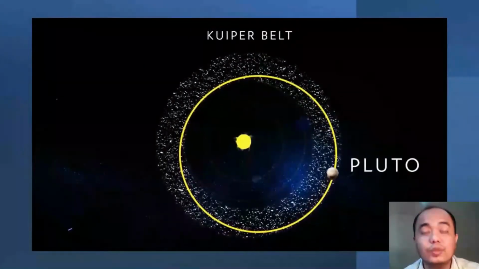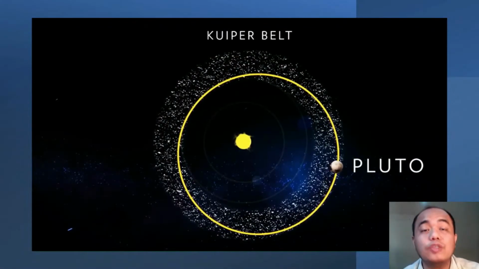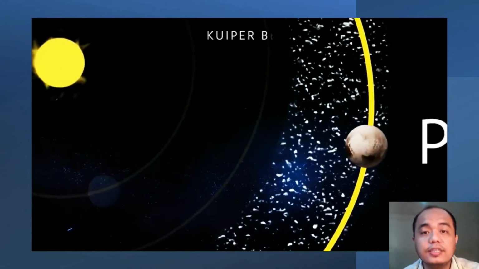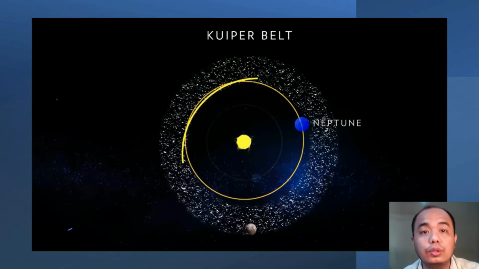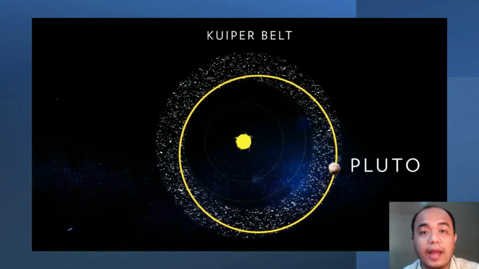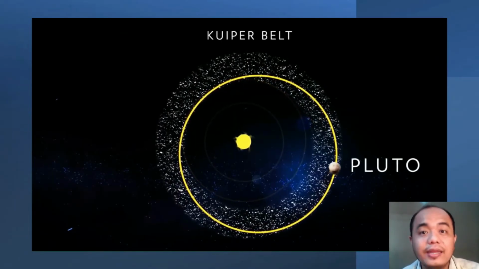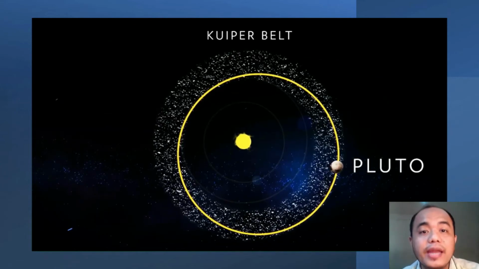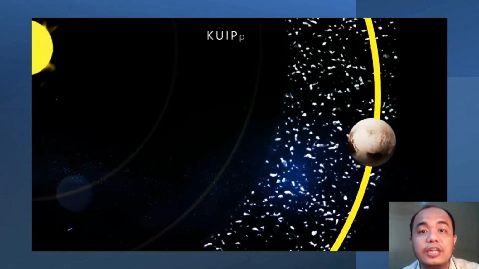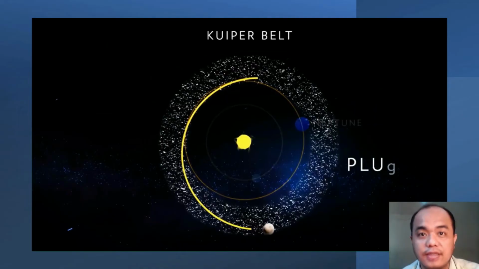Ang Pluto kasi, class, was not able to clear its orbit of debris. This is why Pluto was demoted to being a dwarf planet. Clearing out debris means the planet has to be the dominant gravitational body in its orbit around the sun.